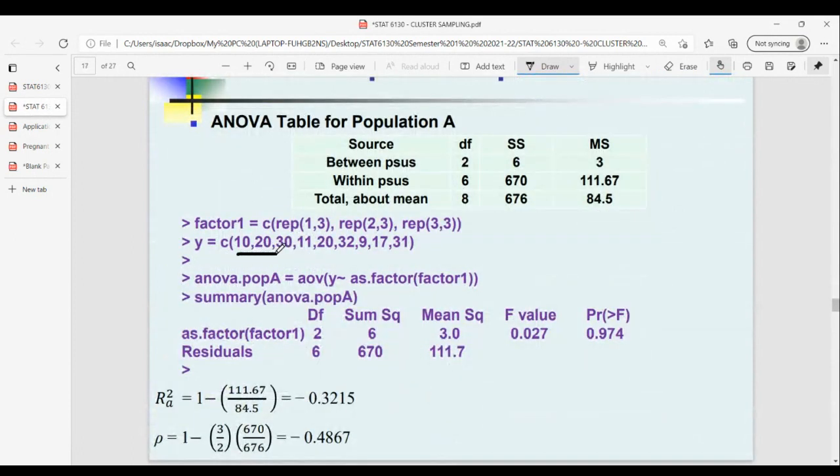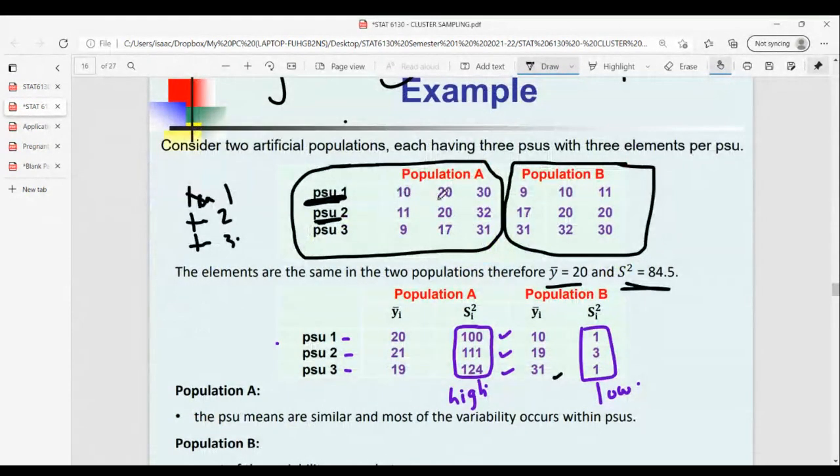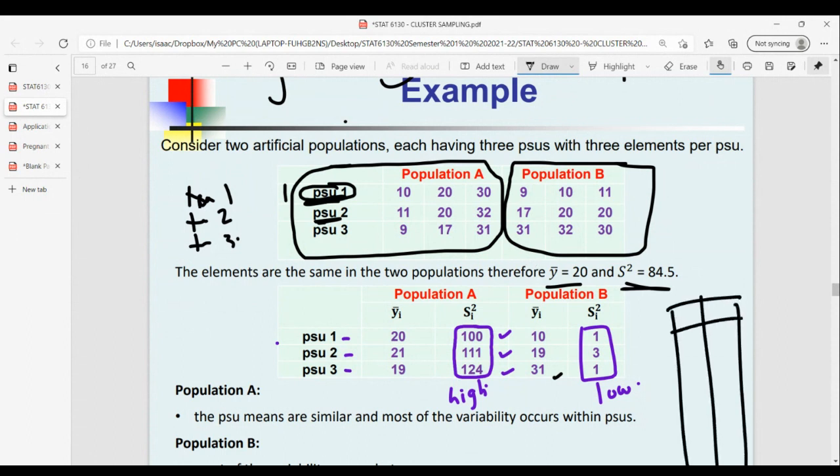These are my values from the first population, population A. The first three values, 10, 20, and 30, came from cluster 1. So the data is going to look like this.